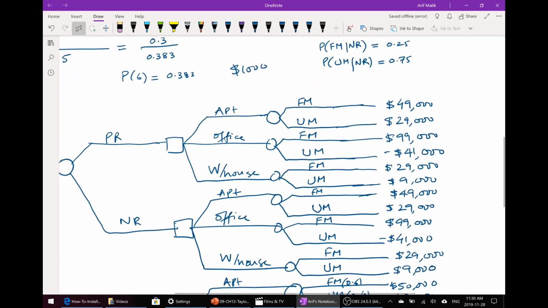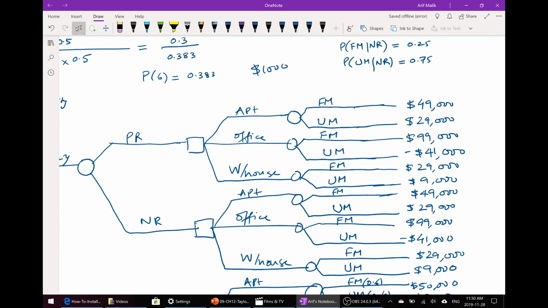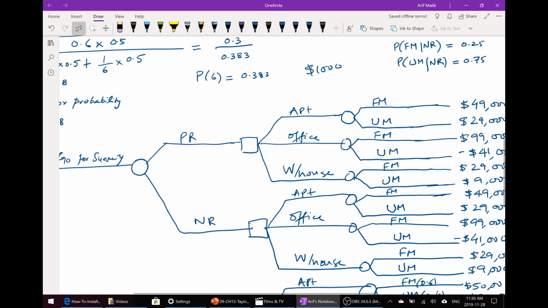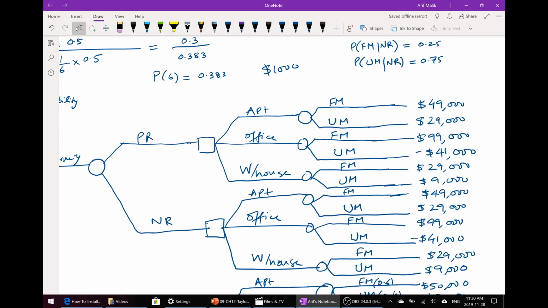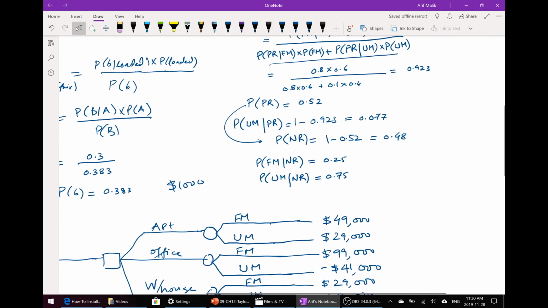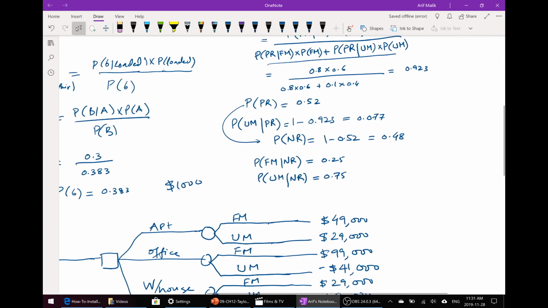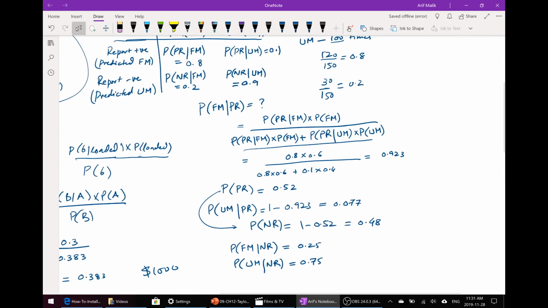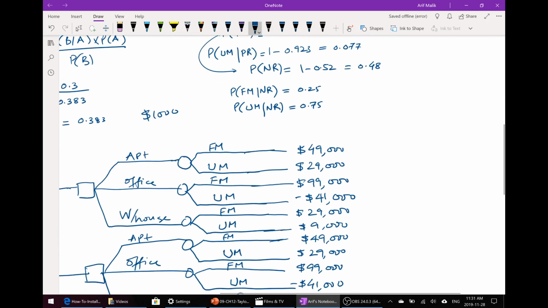If we go for the survey, and we have a favorable market given that the positive report has come, we have already worked out the probability, and that is 0.923. Probability of favorable market, given that positive report has come, is 0.923.